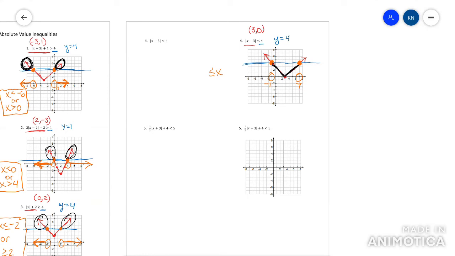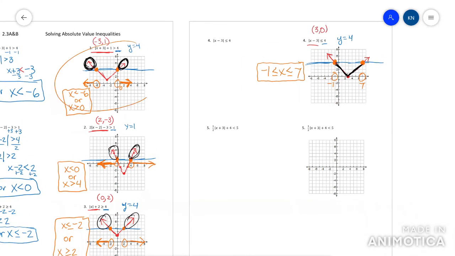You write the little number on the left, -1, and then the big number on the right, 7. And the way this reads is -1 is less than x, which is less than or equal to 7. So when they're going towards each other, you can write it as one inequality. When they're going away from each other, you write it as two inequalities with the word or.